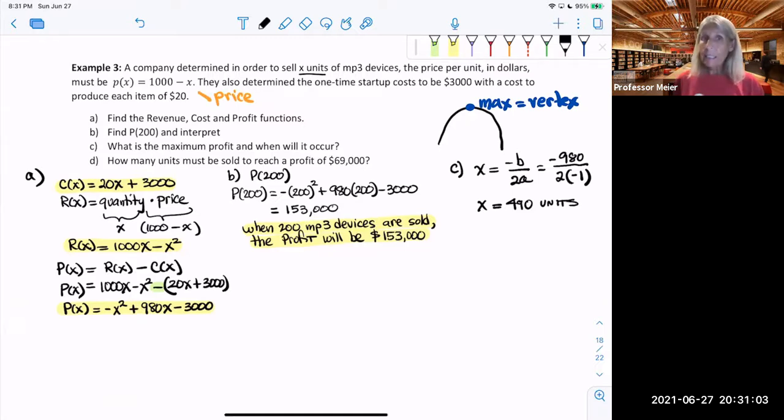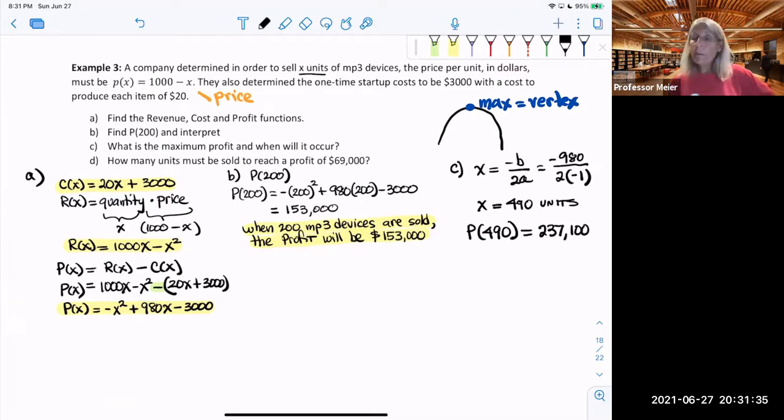So 490 units will be when you get the max profit. What actually is the maximum profit? So remember, we have to get the ordered pair. Let's get the Y value that goes with this X value. So you're going to plug 490 back into the profit function for X and get the Y value. Okay, 490 back into profit. Get your calculator out, put that thing in. And I will tell you that what you get there is this guy, 237,100.